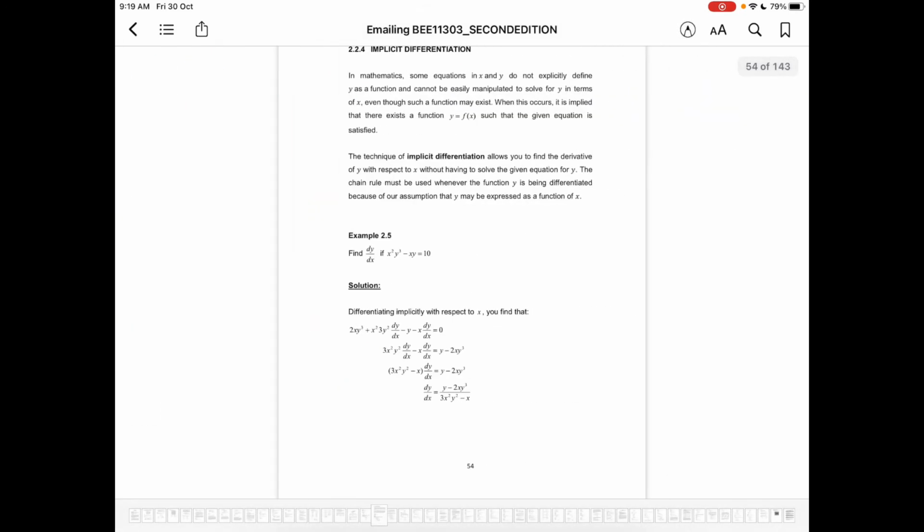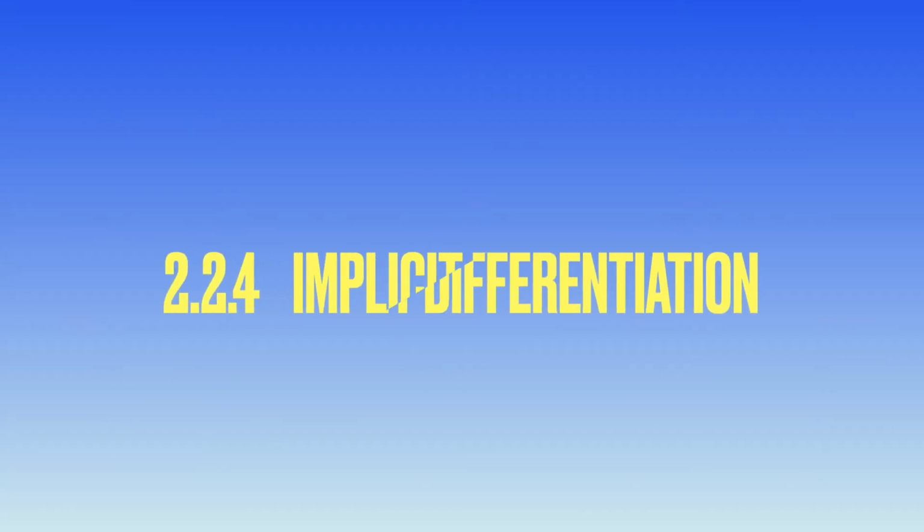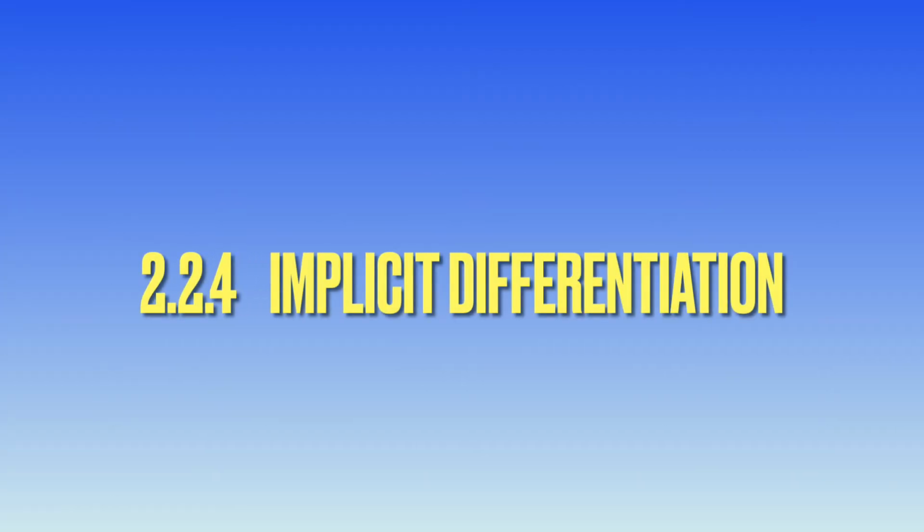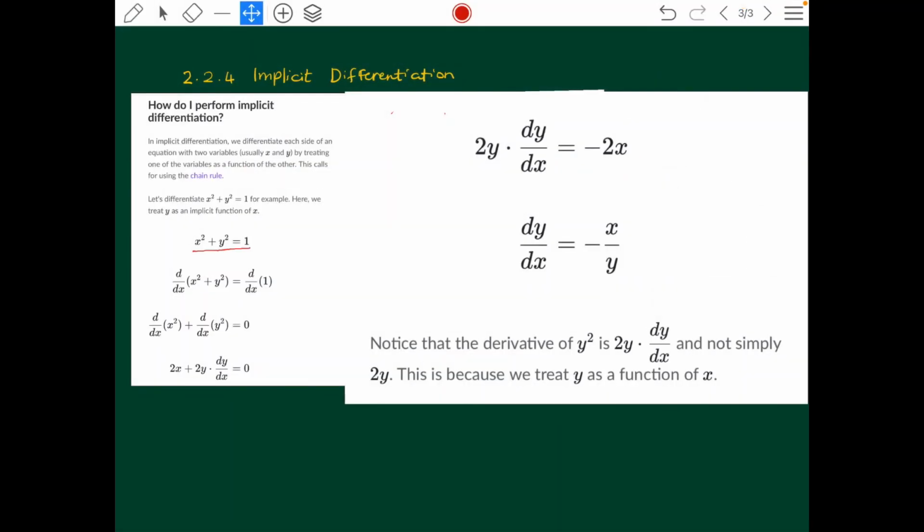Right, so now we go to implicit. We now go to the next technique, which is implicit differentiation, the fourth technique. How do I perform implicit differentiation?